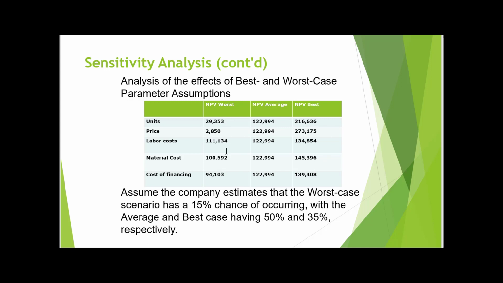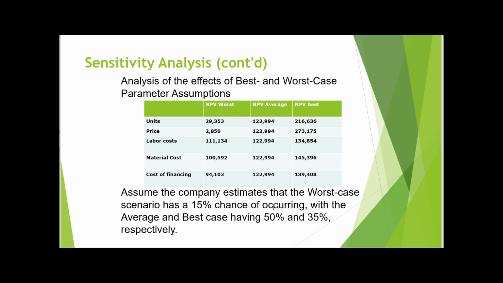But we look down here, 111, 122, the labor cost. Certainly it is affected, but nowhere near as much as the price is. In addition, the difference between material cost, best and worst, is about 50% difference. But compare that to over here, which is over 10 times difference.